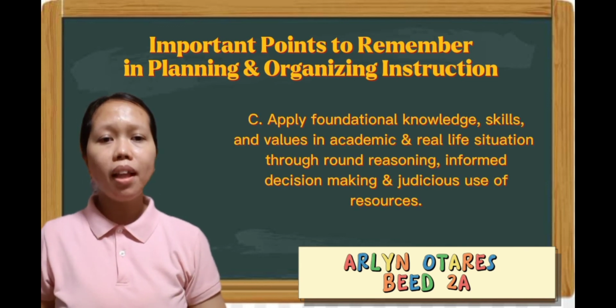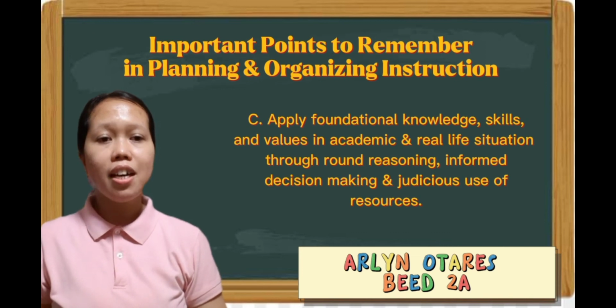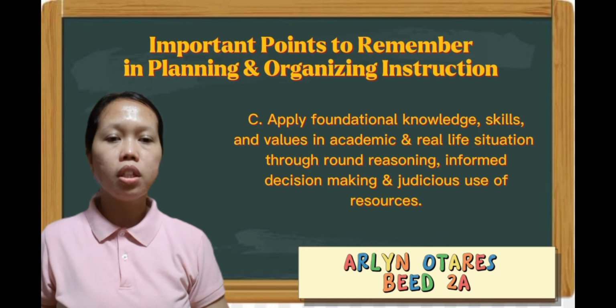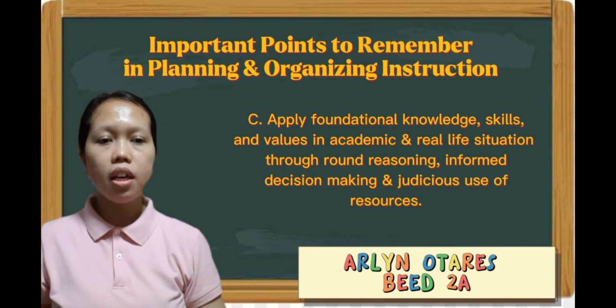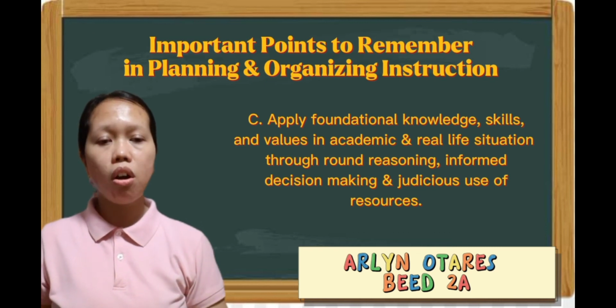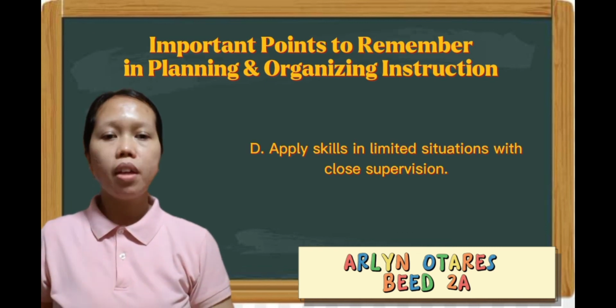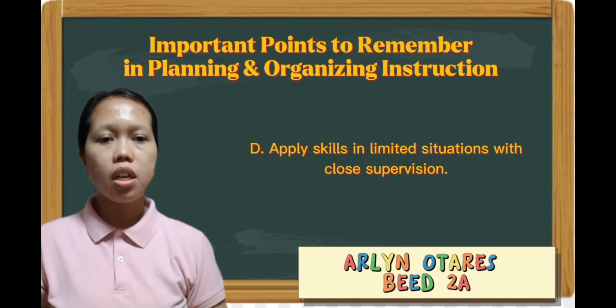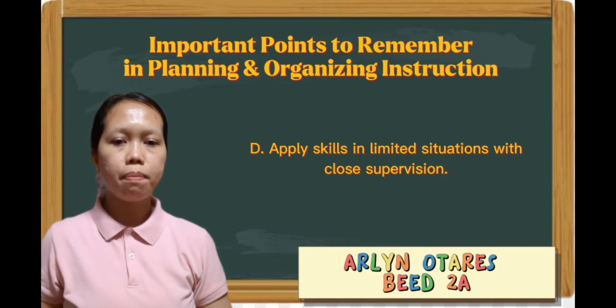C. Apply foundational knowledge, skills, and values in academic and real-life situations through sound reasoning, informed decision-making, and the judicious use of resources. Letter D. Apply skills in limited situations with close supervision.